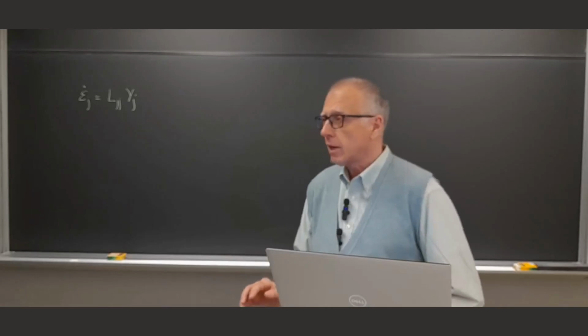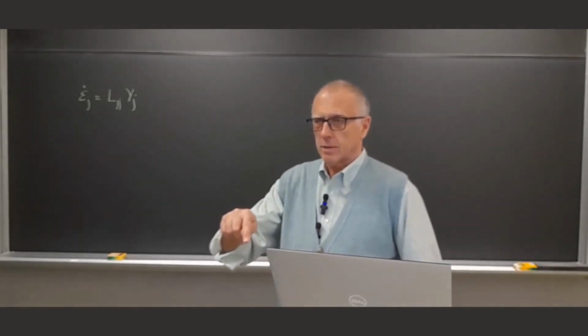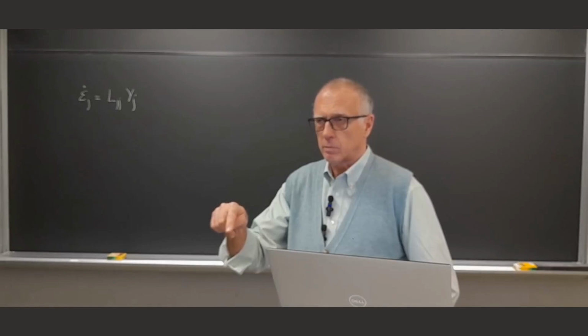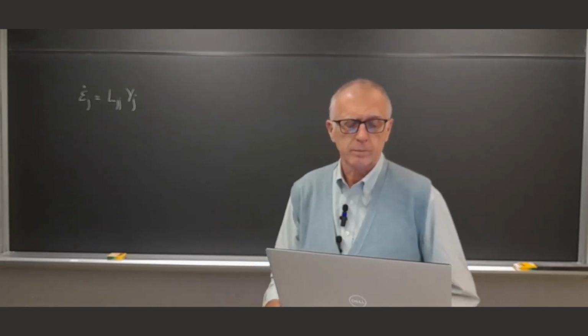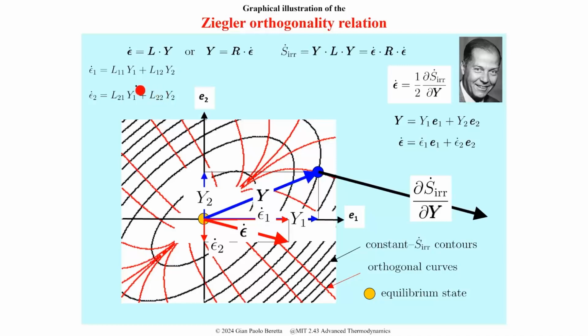Something that, if it were by itself, would violate the entropy non-decrease principle. Because if I didn't have also the other terms and only this one, so if I have only one reaction, it is impossible that the rate be in the opposite sign of the affinity. Okay. So that is, at least in the business of chemical reactions, the importance of these coupling terms.